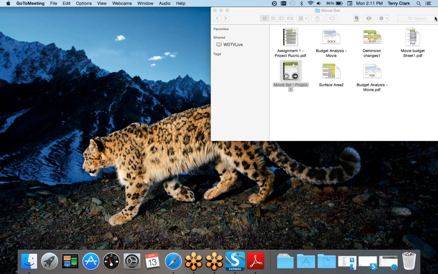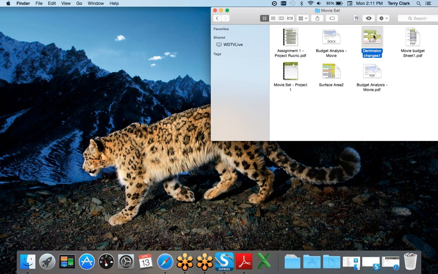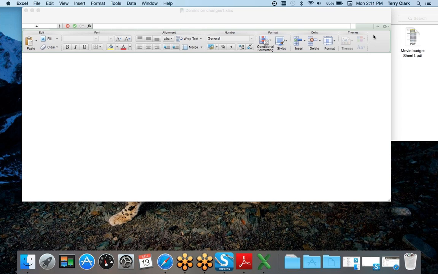Okay, so the next place to go, now that I kind of got an idea of what's going on, I'm going to go to the dimension changes, because that's going to be the second thing I do after I completed the 2D layout.